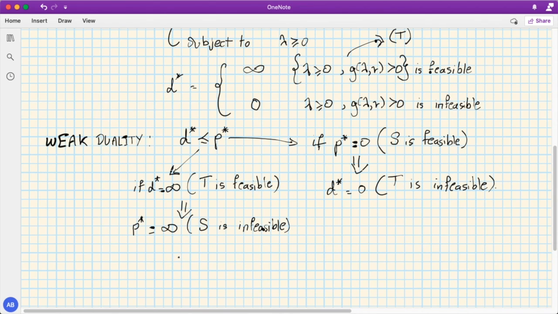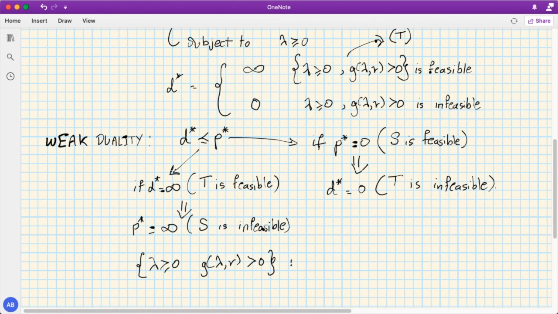So we have two cases over here. T is feasible, that is the set lambda positive, this is T, what I'm writing down, and g of lambda, nu strictly positive.